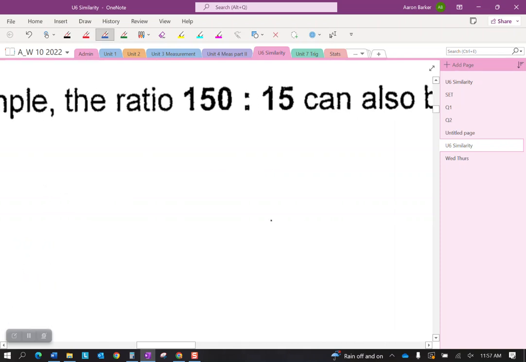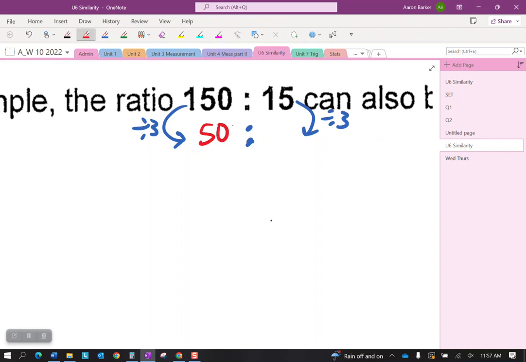We can do the same math if it's in the ratio in this format. So in this format, we could divide by 3, and this is how I like you guys to show your work. Just use an arrow showing that both sides are divided by 3. And you would get 50 to 5. Then divide by 5, again showing your work by writing an arrow. I know that arrow is really, really hard to write, but suck it up, Buttercup, get it done.